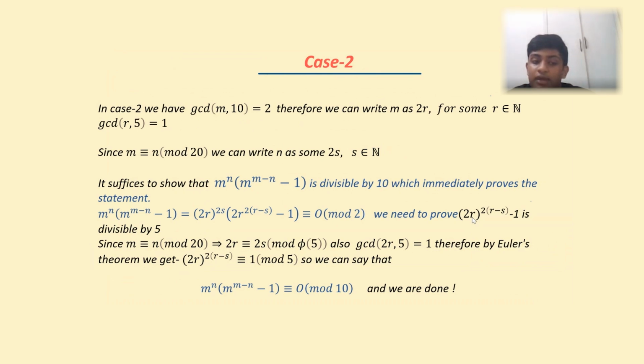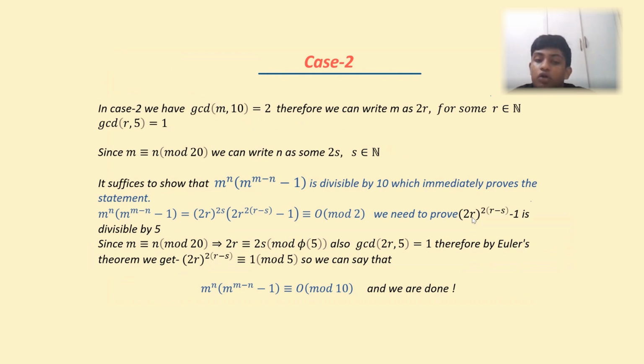So m to the power n times m to the power m minus n minus 1 in this case is (2r) to the power 2s into (2r) to the power 2(r minus s) minus 1, which is clearly even. So we just need to prove that (2r) to the power 2(r minus s) minus 1 is divisible by 5. Now we notice that m is congruent to n mod 20.